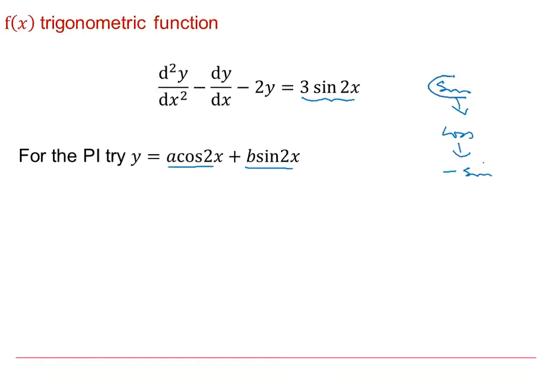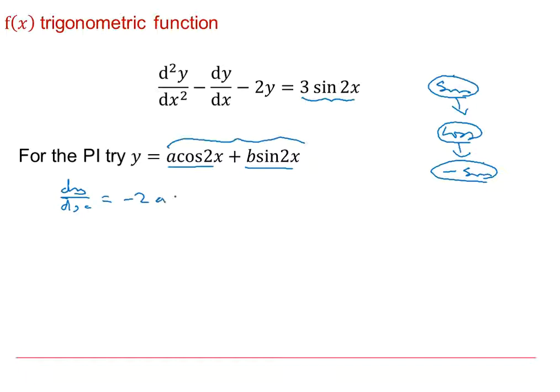So if we only use sine, we would be generating cos functions as well, and cos would generate sine in the second derivative. So in order to cover both options, sine and cosine, you always need to include both in your particular integral.